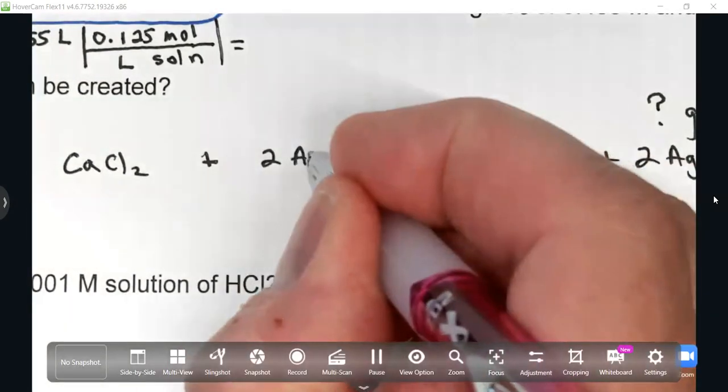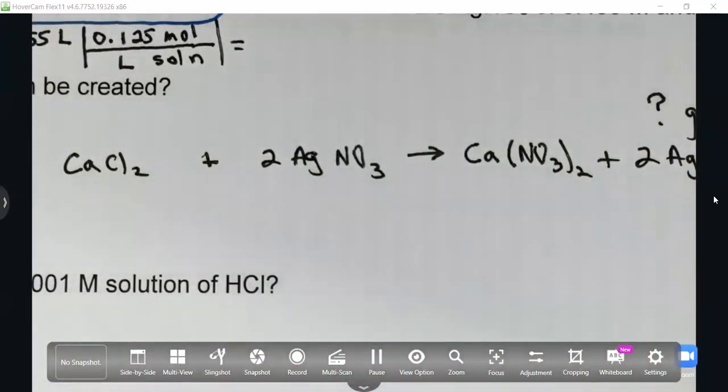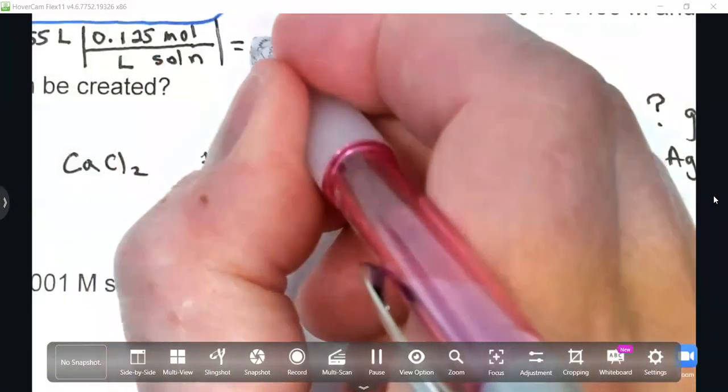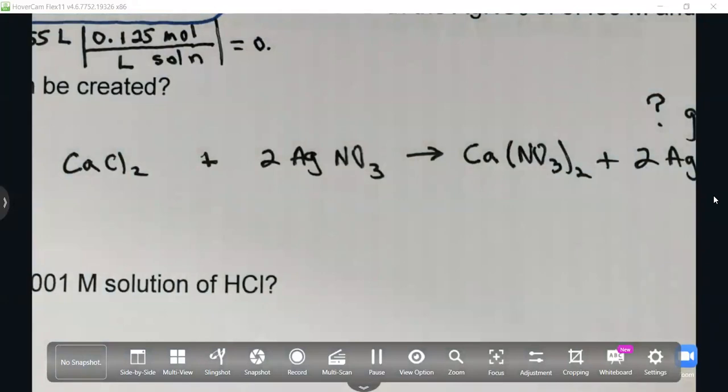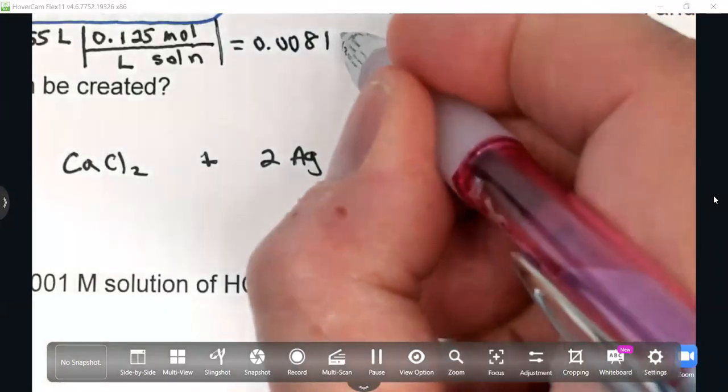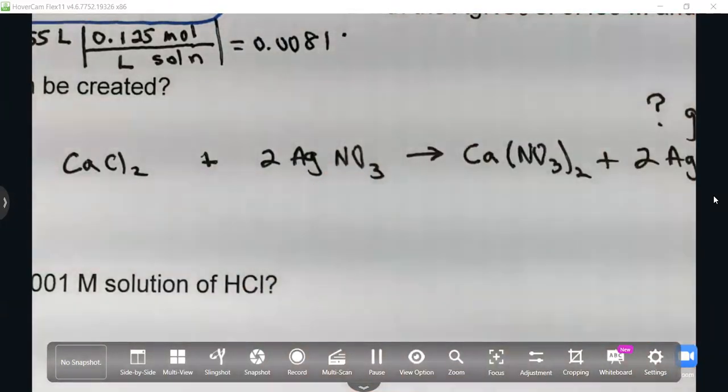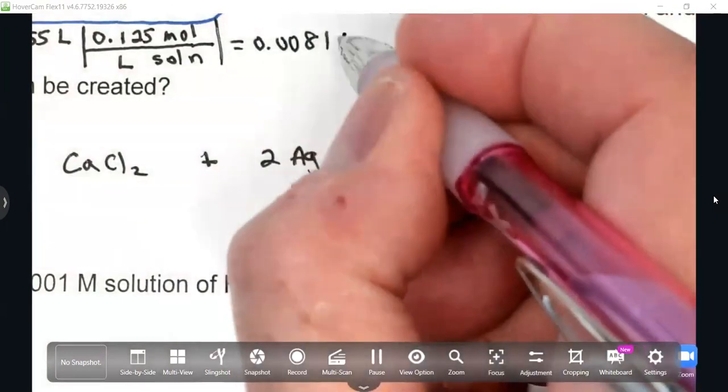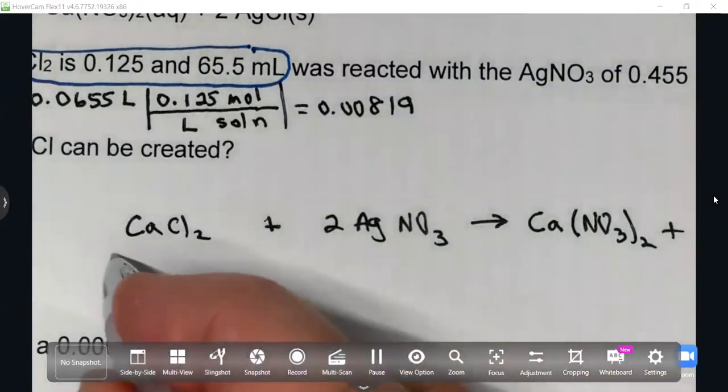All right, this is what we're looking at here. One's on, I guess. So my starting moles here.